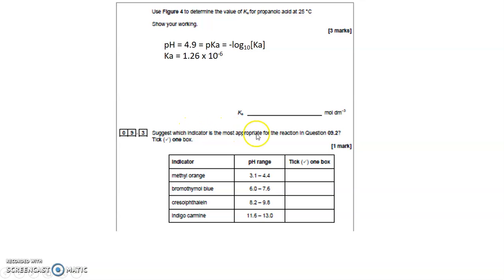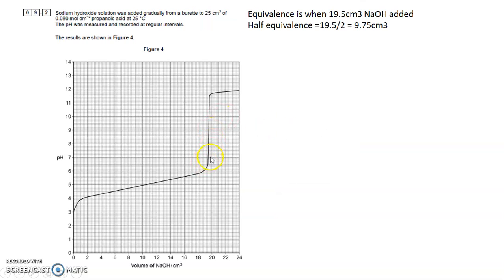Suggest which indicator is the most appropriate for the reaction in question 9.2. So at 9.2, there's a large rise in pH between pH 7 and about pH 11. So there's a sharp rise here between pH 7 and pH 11, shooting right upwards here.